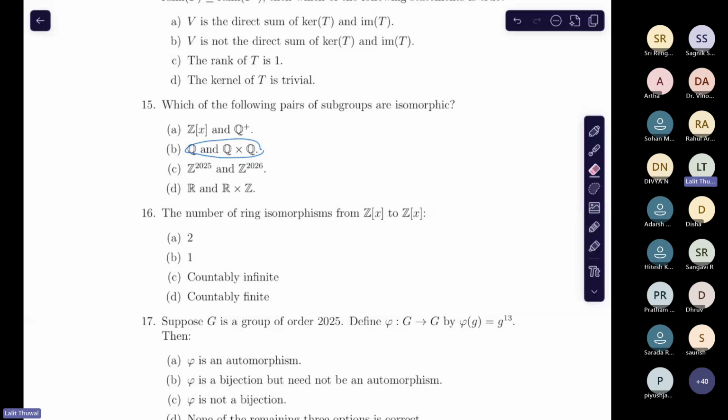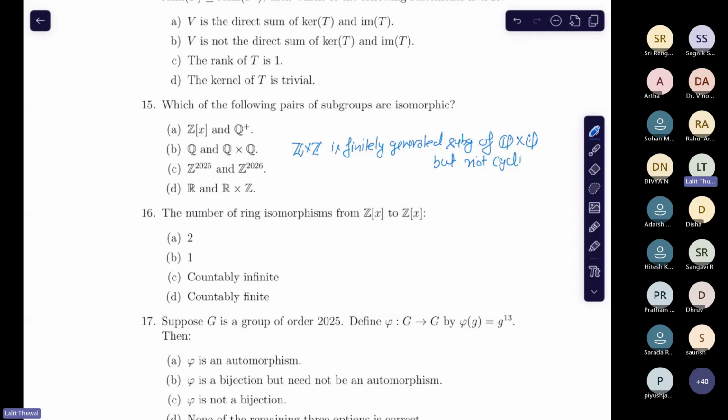Okay, let me tell you why they are not isomorphic. The finitely generated subgroups of Q are all cyclic, but that is not the case for Q cross Q. Z cross Z is a finitely generated subgroup of Q cross Q, but not cyclic.